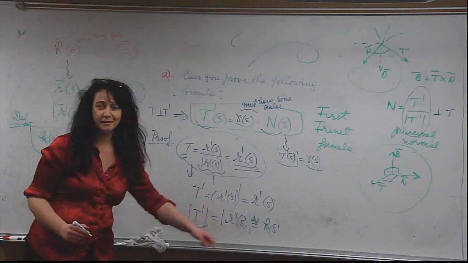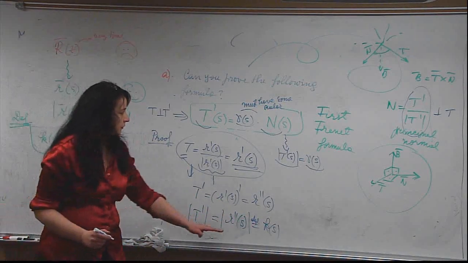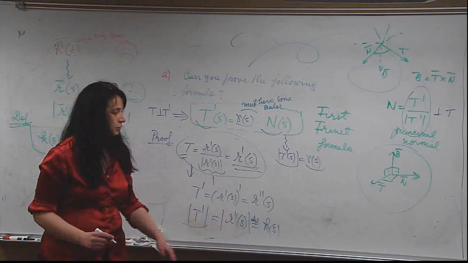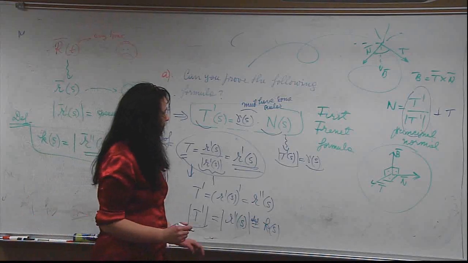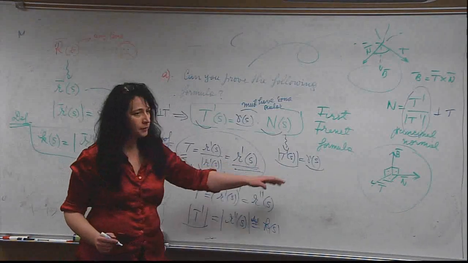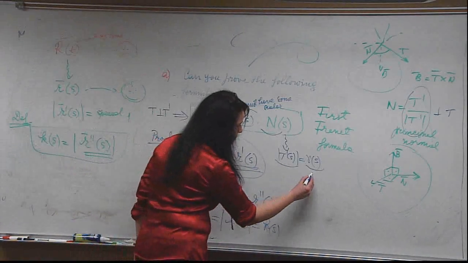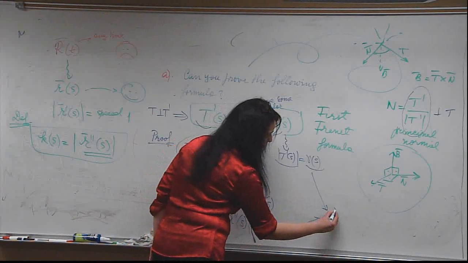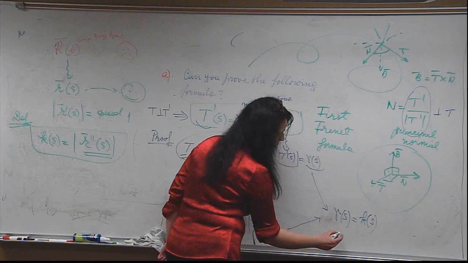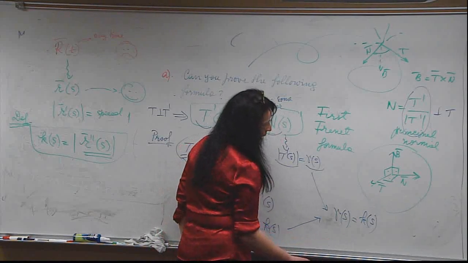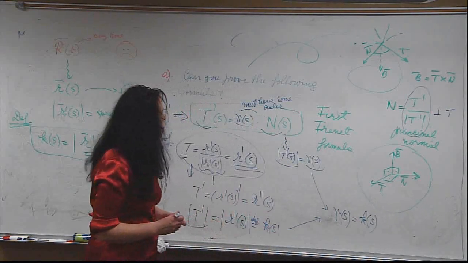Remember, this is the definition. By definition, the curvature was the magnitude of the acceleration in arc length. Both of these are t prime in magnitude, so they must be equal. From here and here, it implies that my gamma must be kappa. And I proved the formula. How do you say something is proved?